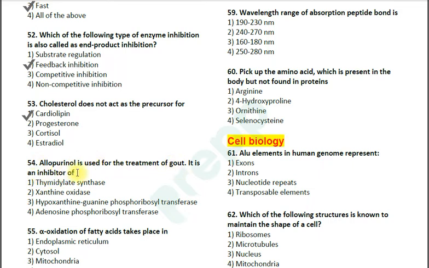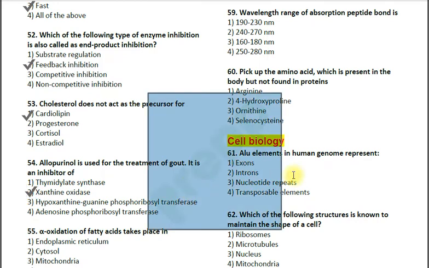Next question. Allopurinol is used for the treatment of gout. It is an inhibitor of 1 thymidylate synthase, 2 xanthine oxidase, 3 hypoxanthine guanine phosphoriboside transferase, 4 adenosine phosphoriboside transferase. The correct answer is option number 2, xanthine oxidase.